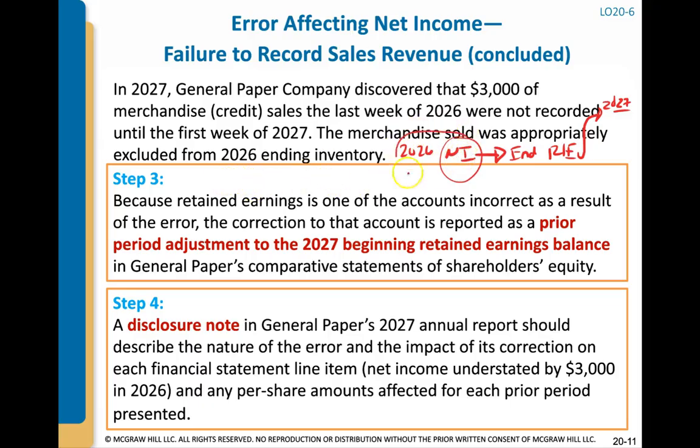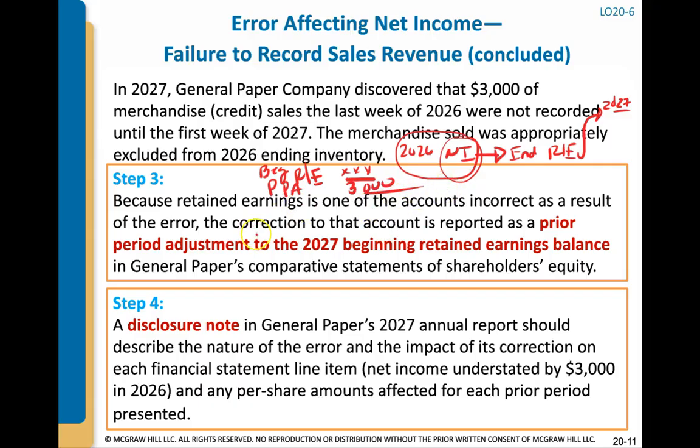Or you restate the 2026 as discussed, journal entry, retained earnings. When you're looking at the 2027 beginning retained earnings number, it could also just show the old 2026 ending retained earnings number before the correction, and then show a prior period adjustment for $3,000, and then you have a corrected beginning retained earnings number.